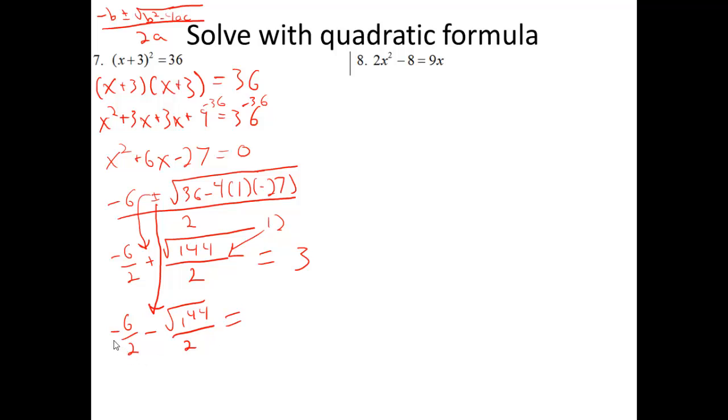And here we have a negative 3 minus 6, which is going to be equal to negative 9. So x can be equal to 3 and x can be equal to negative 9.